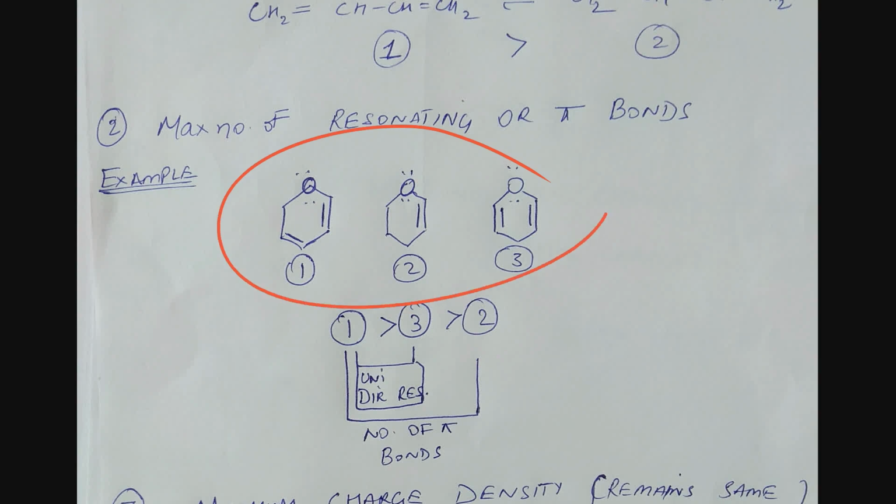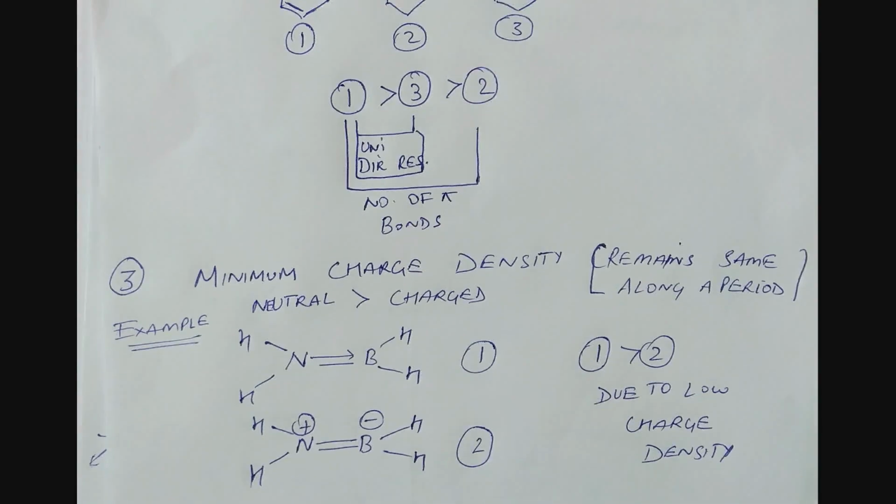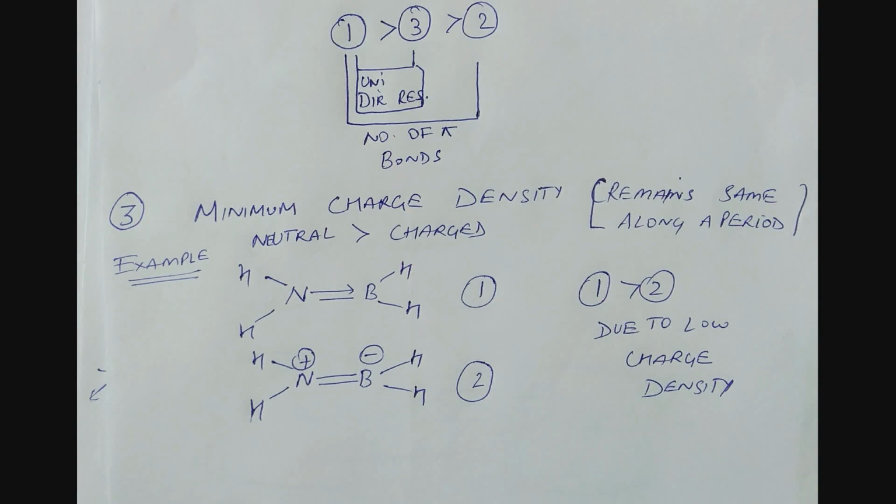And in our previous video we have discussed that unidirectional resonance is more stable than bidirectional resonance, and clearly in the first case we have unidirectional resonance, whereas in the third case we have bidirectional or polydirectional resonance, therefore the stability order comes as this.